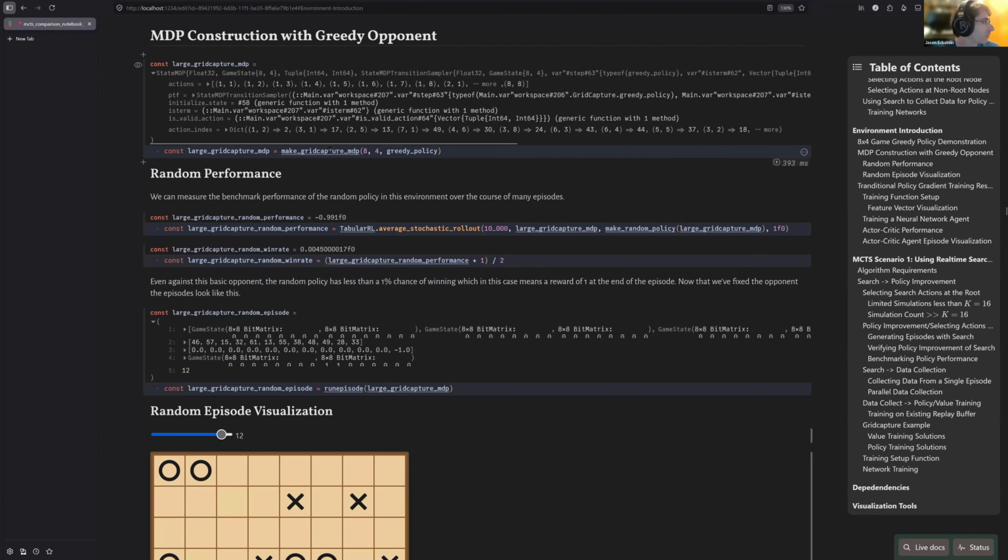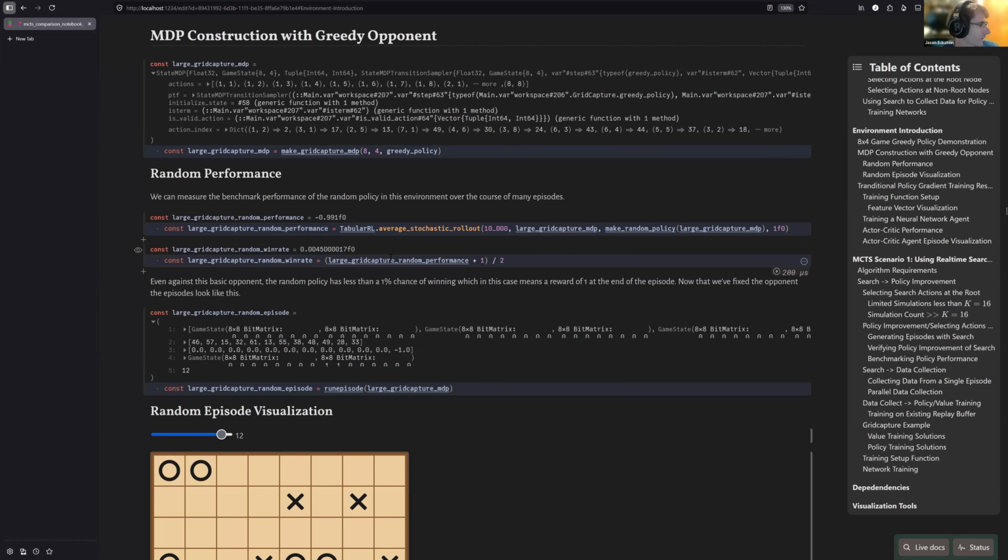Because this MDP is from the perspective of the X player, the rewards will be 1 for X winning, 0 for a draw, and -1 for X losing. So here, if we just measure this random performance, it's close to -1. To convert this to a win rate, we just have to add 1 and divide by 2, because we have to rescale -1 to 1 to between 0 and 1.